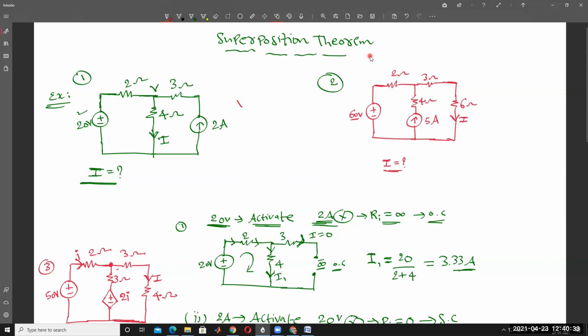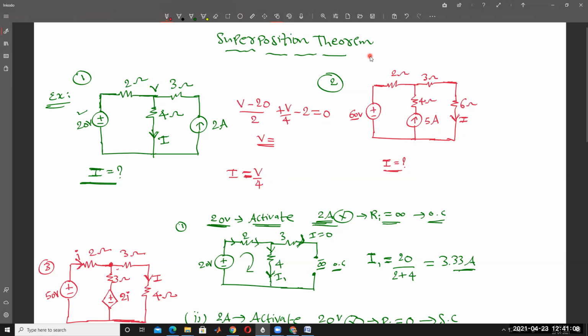(V minus 20) divided by 2, plus V by 4, minus 2 is equal to 0. Find V. And then find the current I is equal to (V minus 0) divided by 4, V by 4.